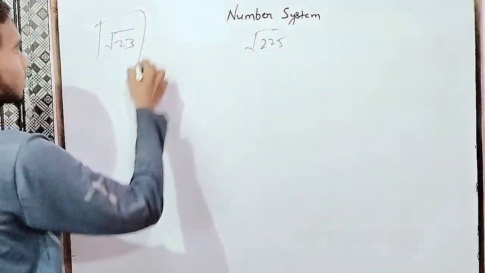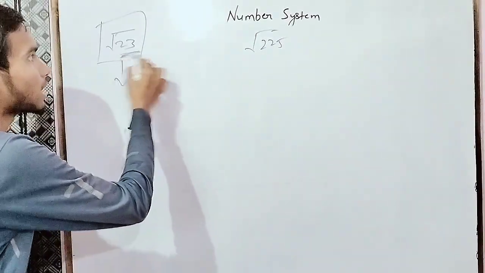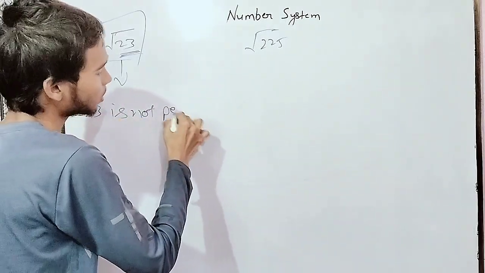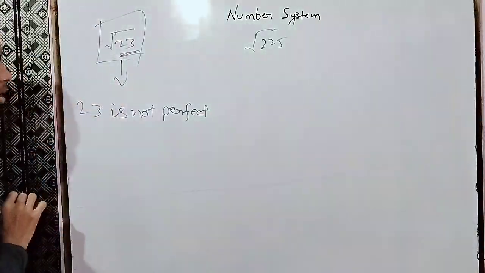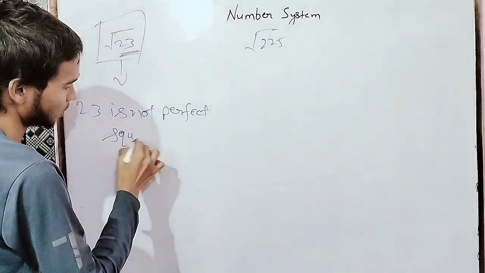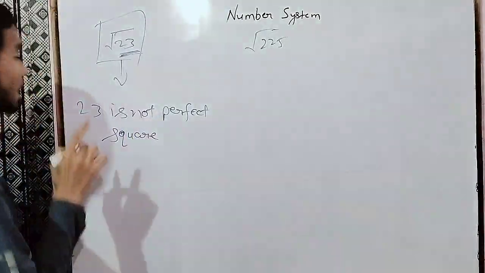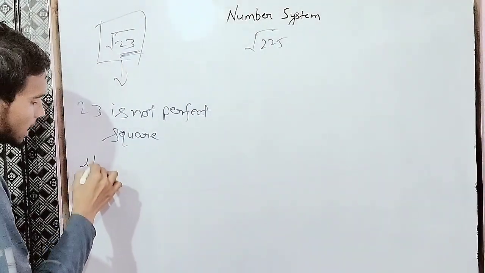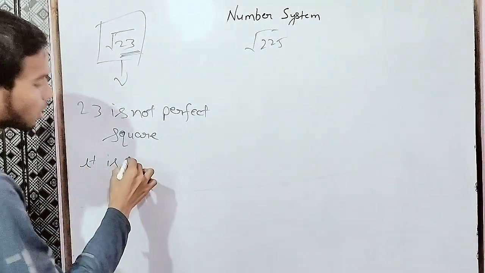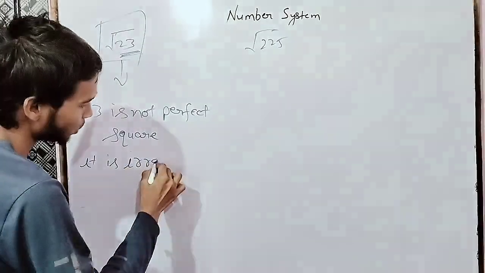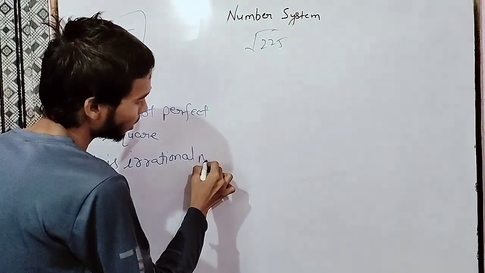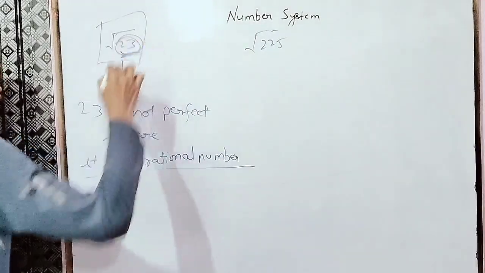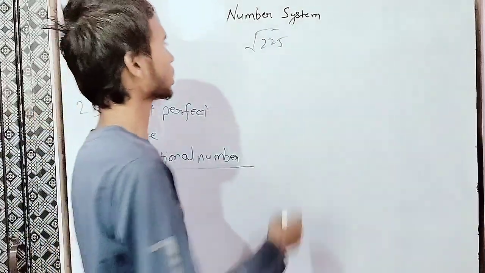For example, here 23 is not a perfect square. That's why it is an irrational number.